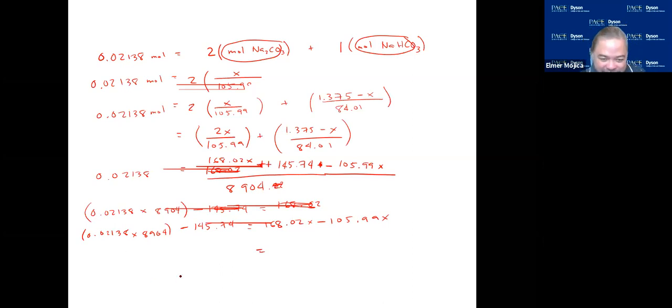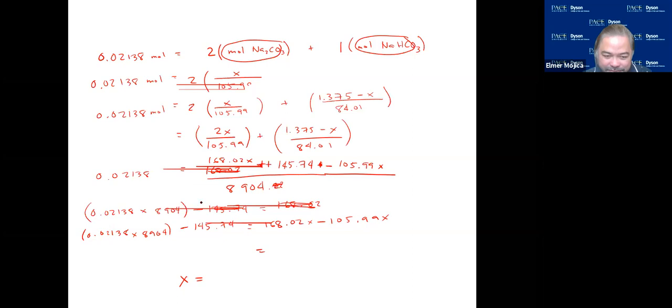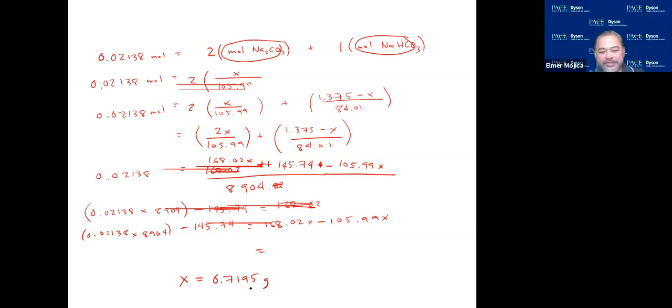So maybe I just ask you for the x. 0.7195. 0.7195. Anyone has another value? I can round it up to around 0.720.